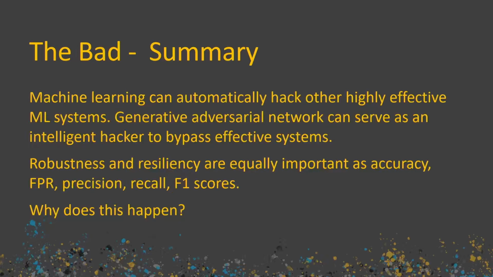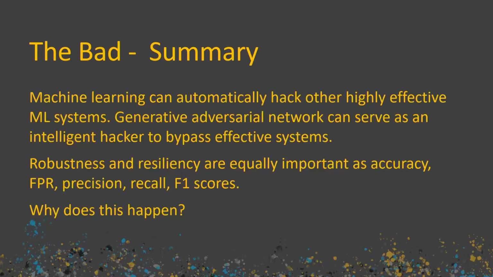So this case study demonstrates that robustness and resiliency are equally important as accuracy, false positive rate, precision, recall, and F1 scores, especially when we're building ML classifiers for security critical applications.